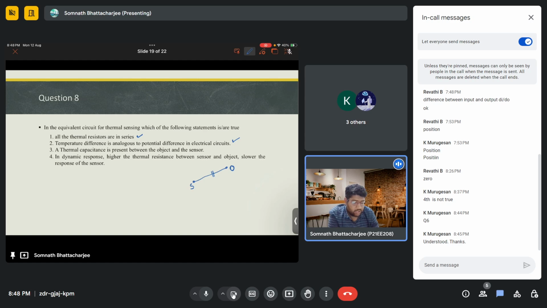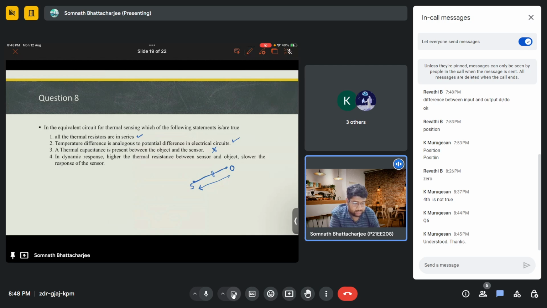There will be a capacitive effect induced within it. But in the equivalent circuit, we only have resistors. That's why there is no capacitance in between this. This is wrong. And in the dynamic response, the higher the thermal resistance between sensor and object, the slower the response of the sensor. Is it true?